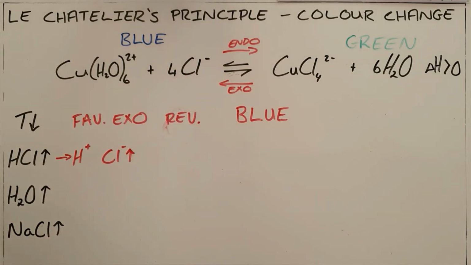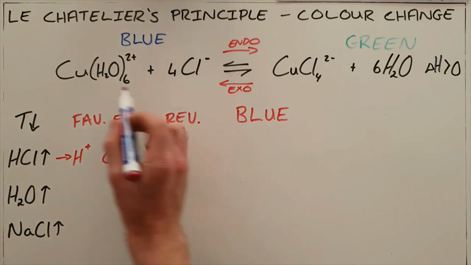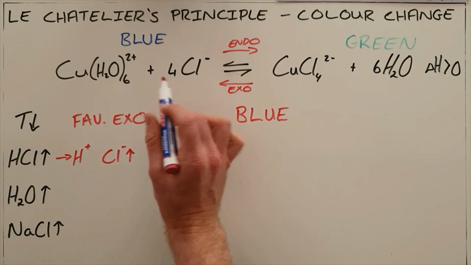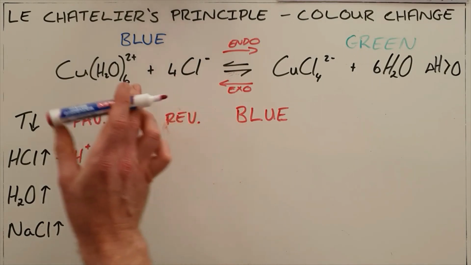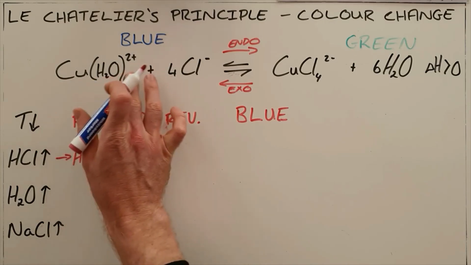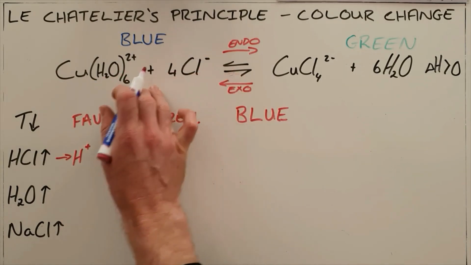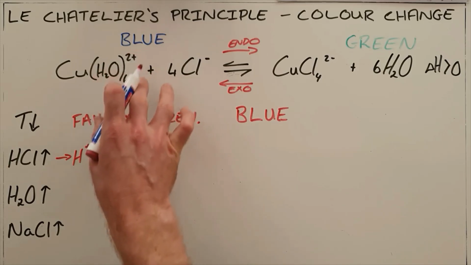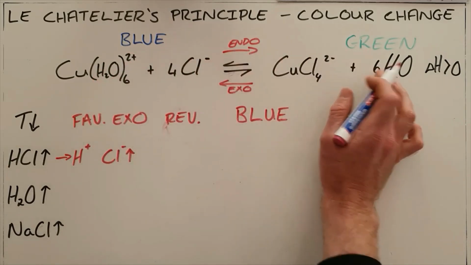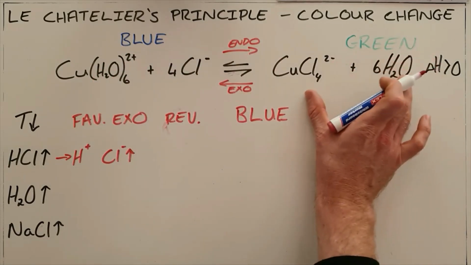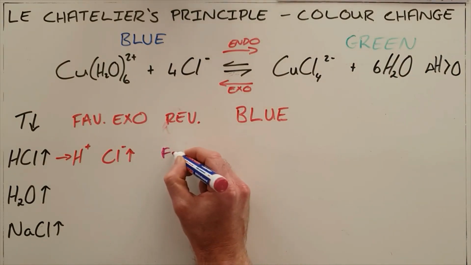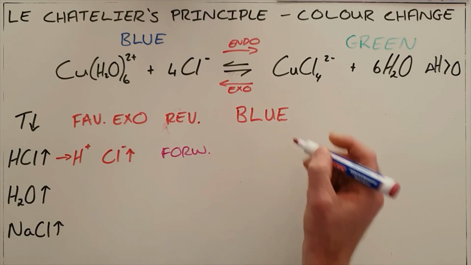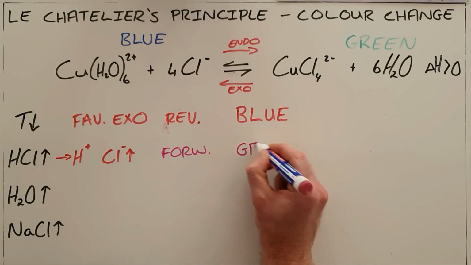By increasing the concentration of chloride, we are increasing our reactants. Le Chatelier's principle says that we're going to try to undo that by favoring the direction that reduces the amount of reactants, which means we favor the forward direction, which produces more green components, so we are producing a more green solution.